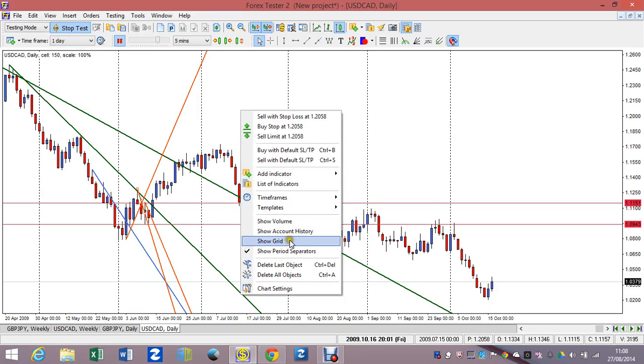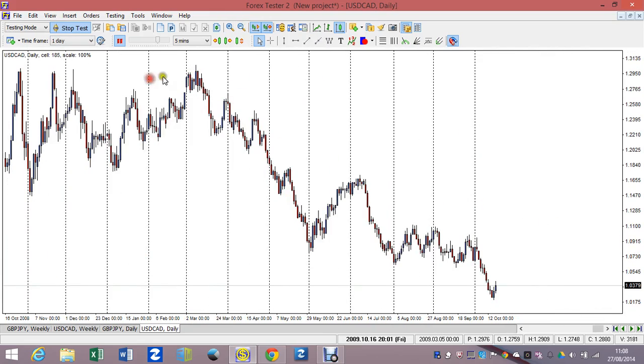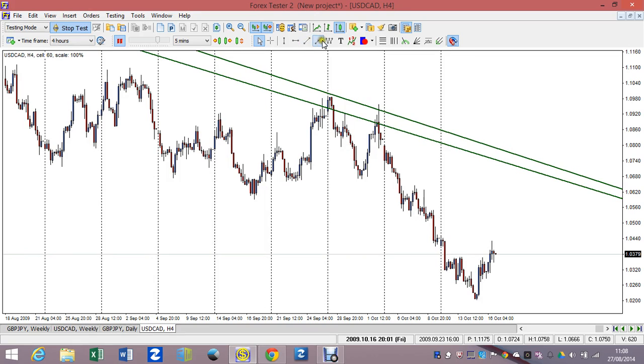So let me delete all these objects, zoom out a little bit on the daily chart. Okay. There's a really steep trend line there.